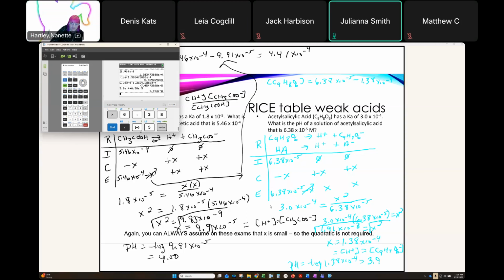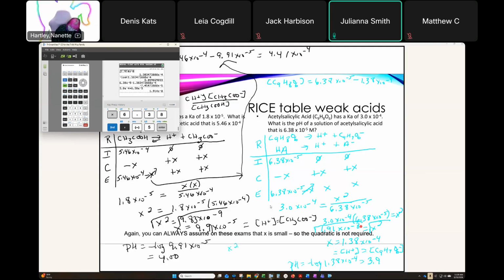I actually got a positive for mine now that I did the calculations. Like the x squared thing, once we squared it, I got 1.89 to the negative like 8.